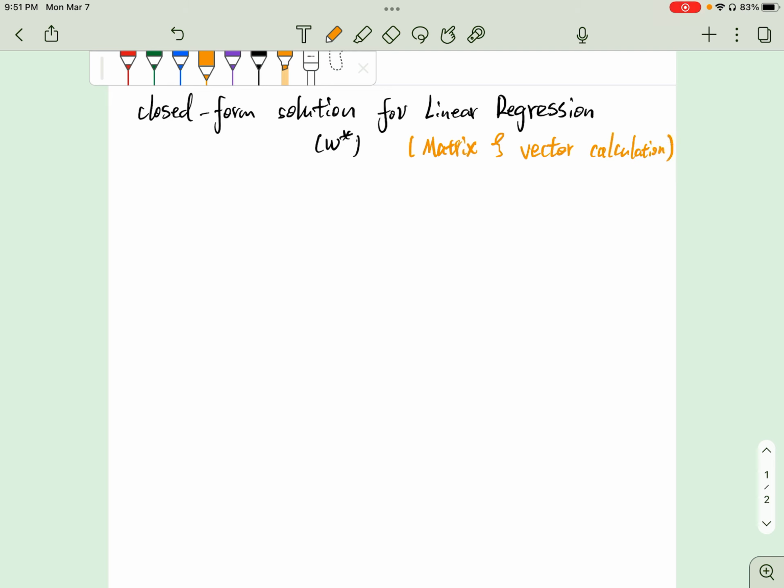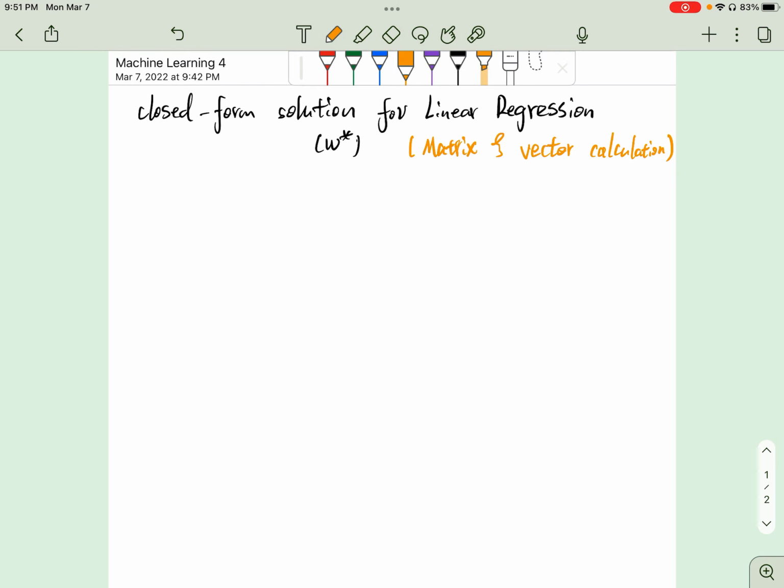If you forgot how to do matrix and vector calculations, you can review them, but no worries. The calculations will be simple and only require basic operations. Okay, let's get started.